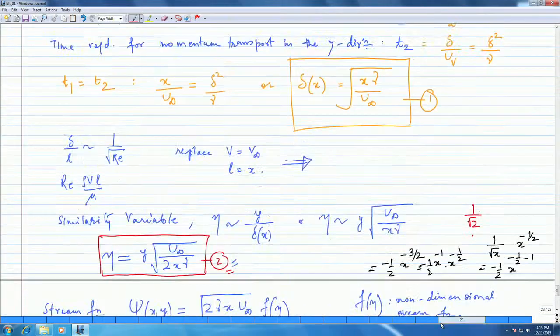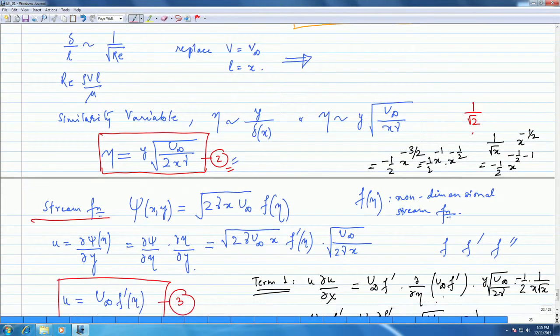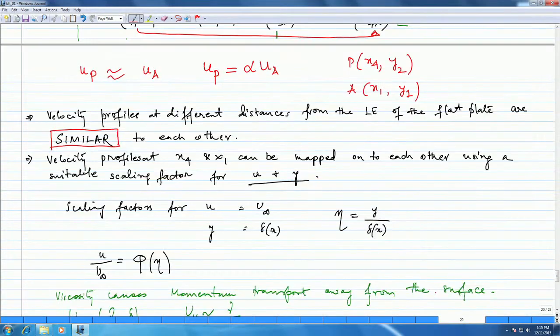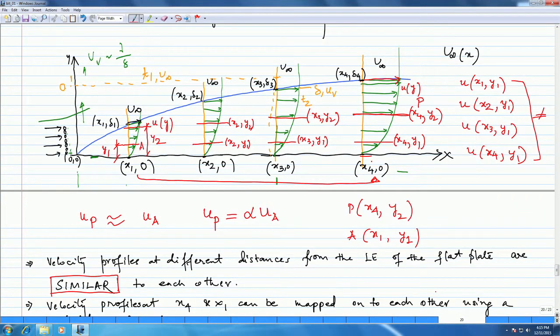The equations that we have are all these differential equations. What is nice is that we use this understanding of similarity. Basically, if I can solve for u and v at location x1, I can just multiply those by a certain scaling factor and I will get the velocities at x4.